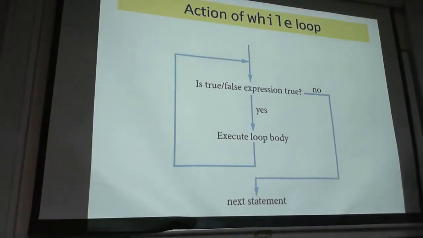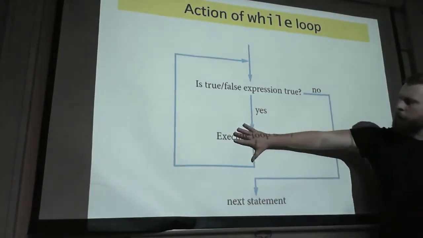So something's going to happen inside the body of that loop: either they're going to guess correctly, or they're going to guess incorrectly and now they've hit their maximum amount of tries, so they're going to get kicked out the next time around. Or they've entered a negative number. They've said, oh, I've had enough of this, and they've quit. So that's what your loop body is going to do.